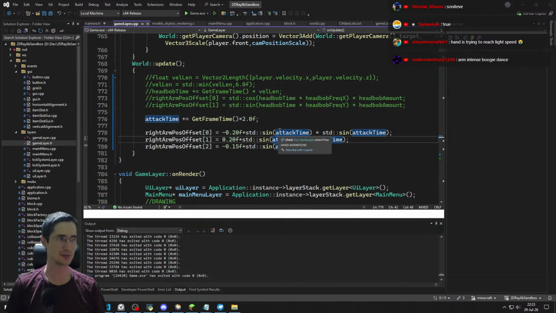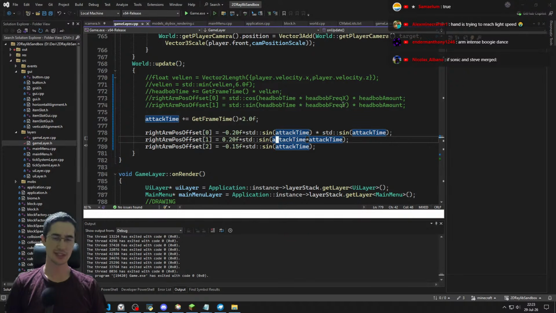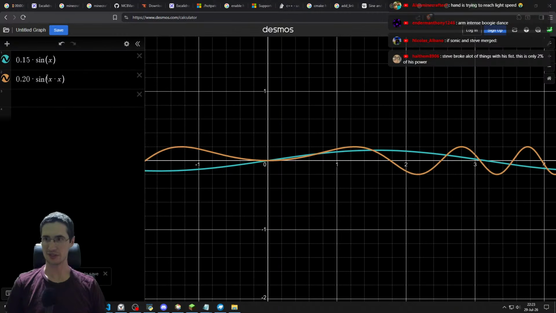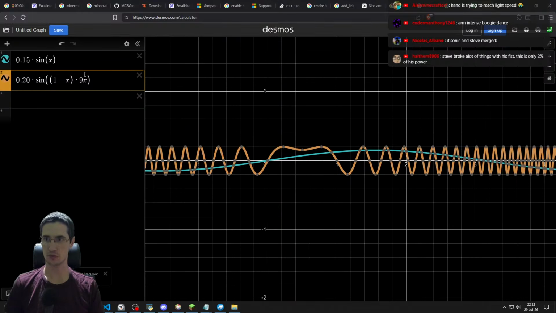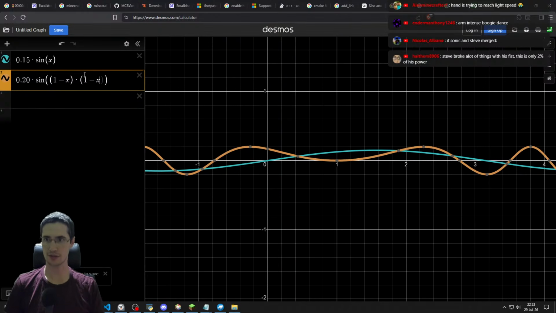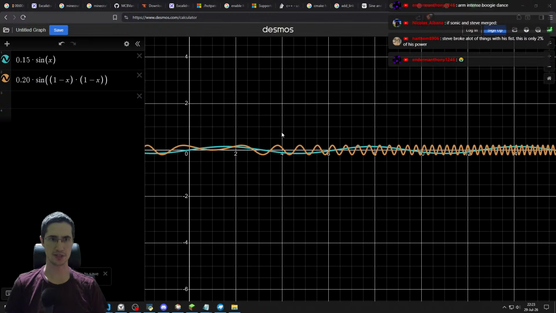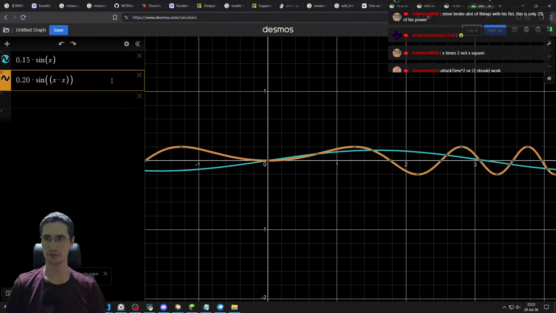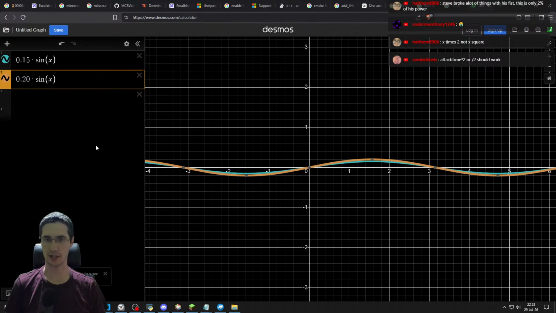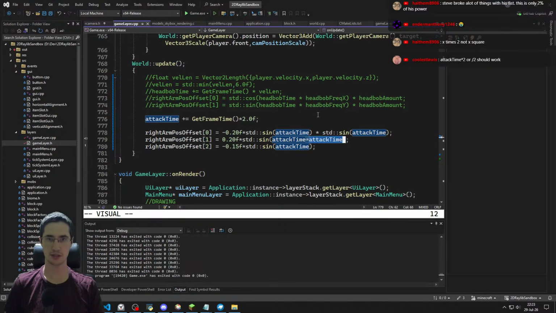Oh, 1 minus this, maybe. What if we do 1 minus this? It's still the same. Yeah, I'll leave it regular. But I could clamp this whole part.